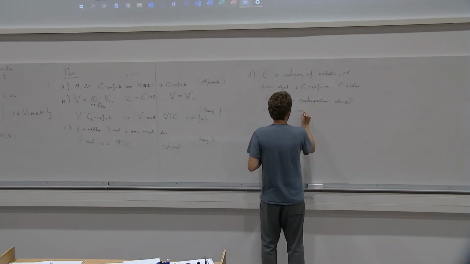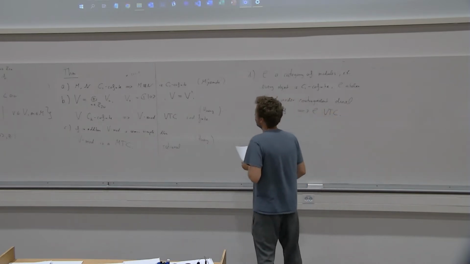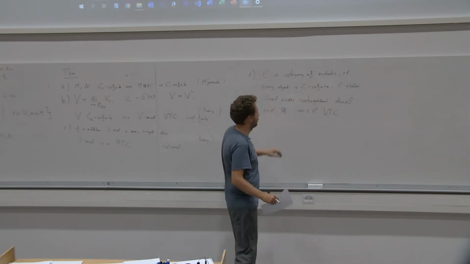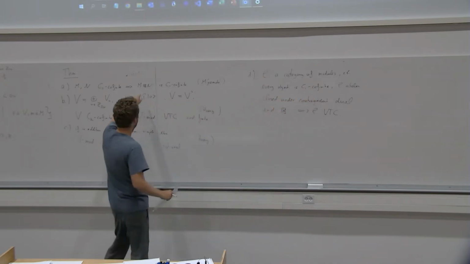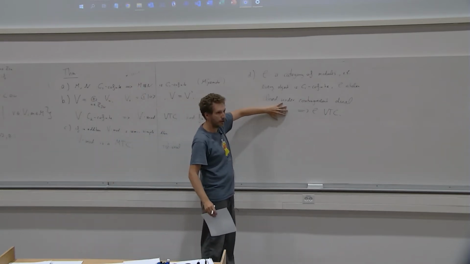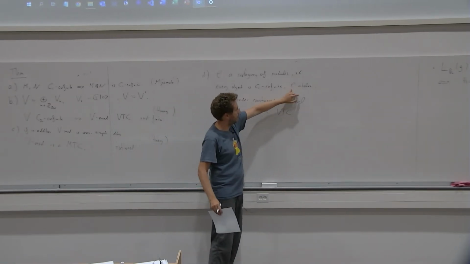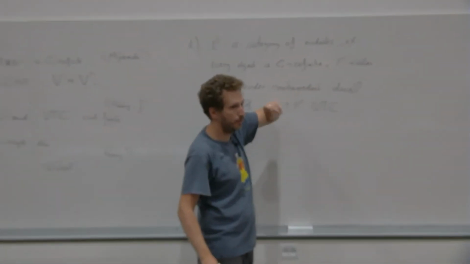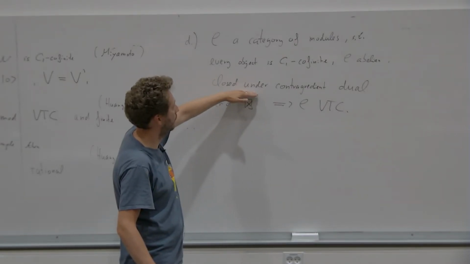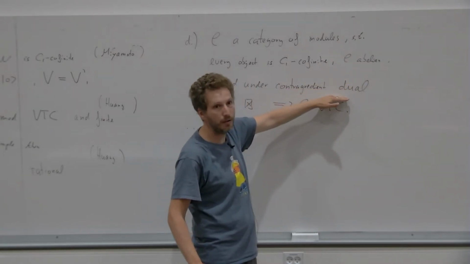Then it follows that C is a vertex tensor category. So in particular, if I take the category of all C1 cofinite modules, then the closure under tensor product is automatic. Then I don't need this condition anymore, right? But I still have to understand that submodules are also C1 cofinite, and I still have to understand the closure under contragradient dual. But these are things that are fairly accessible, so this is a good criterion.